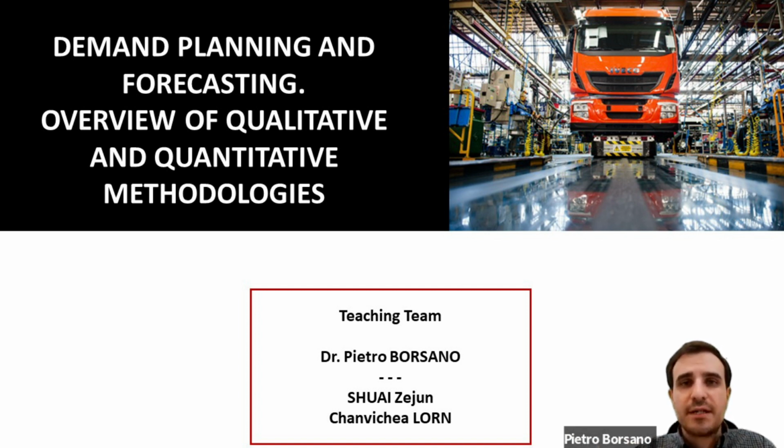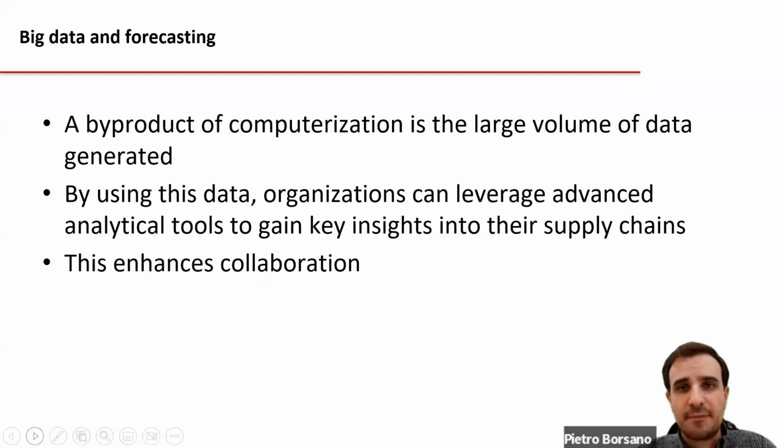So the first definition will be specifically on demand forecast. Demand forecast has become even more important now thanks to computerization and the ability of companies to collect a large amount of data.